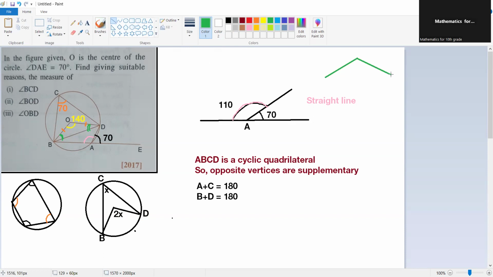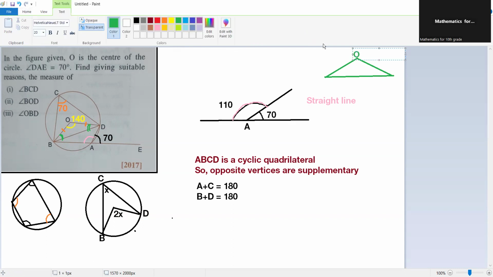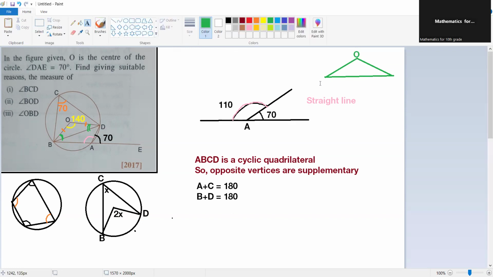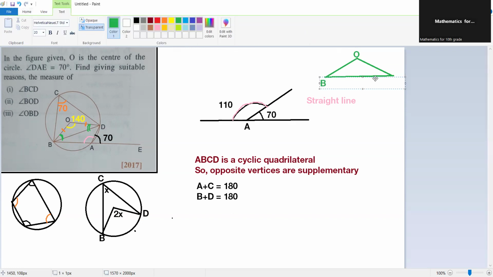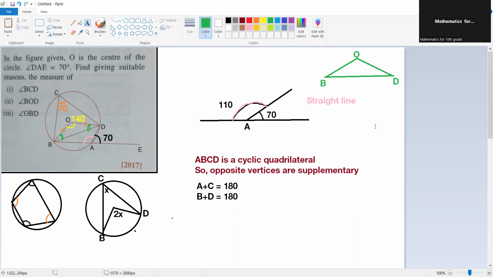If a triangle is isosceles, so this is O, B, D, and OB is equal to OD here because O is the center of the circle and OB and OD are both radii.